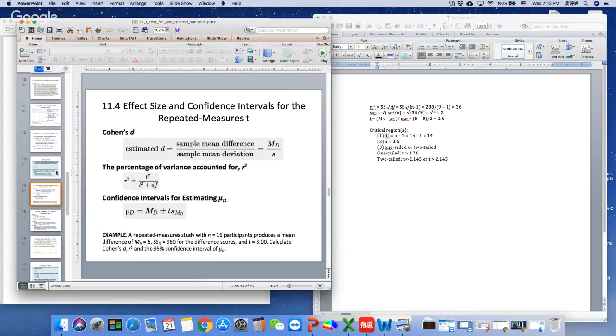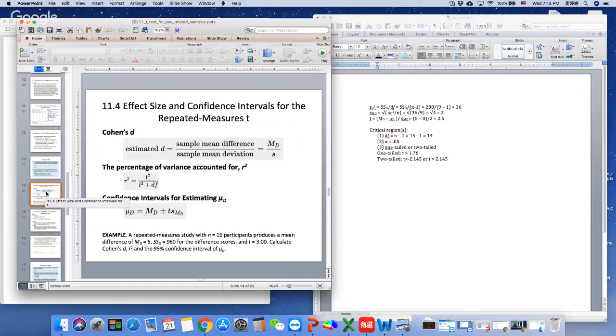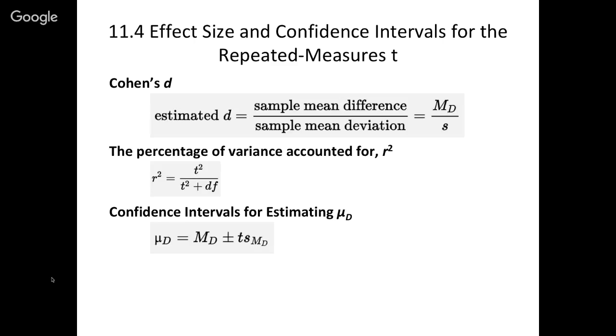Okay, so now we know how to do a t-test for a repeated measures design. Let's introduce how to compute the effect size and confidence interval for the repeated measures t.